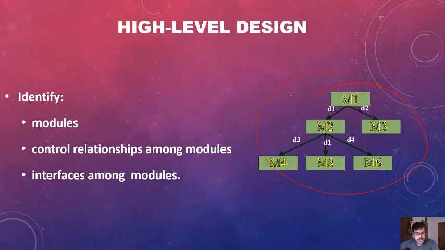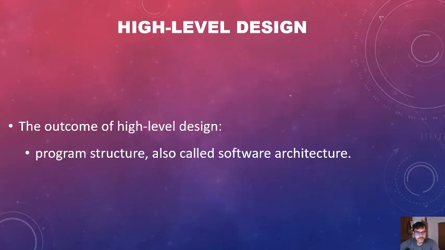A tree-like diagram, called the structure chart, is used to represent the control hierarchy in a high-level design. In this high-level design, the tree-like structure that we are finding here, called the structure chart, should be used to define the high-level design. The outcome of high-level design is the program structure, also called software architecture.